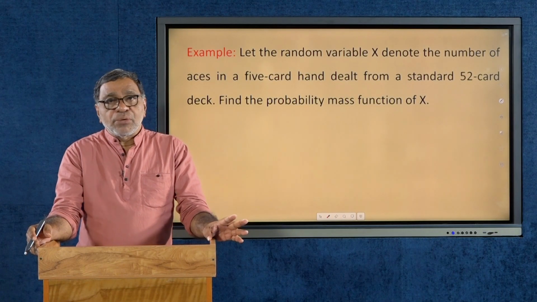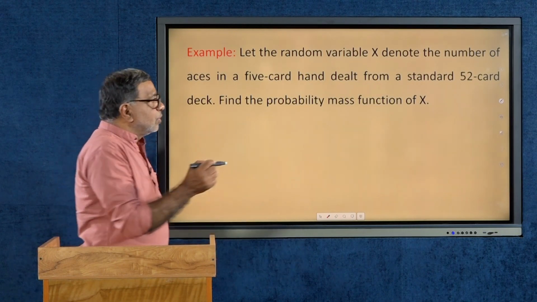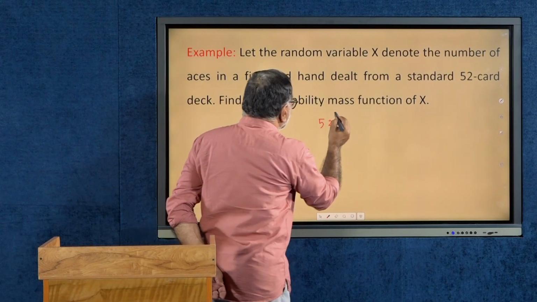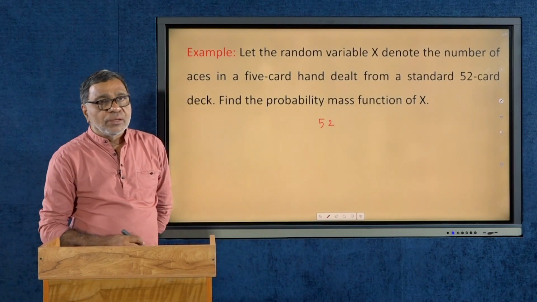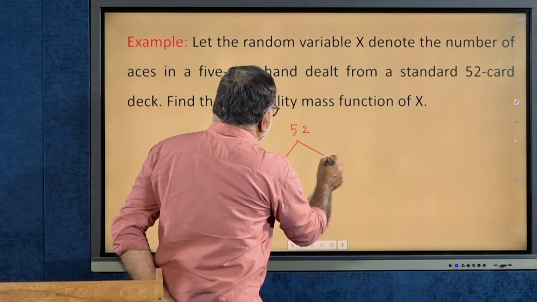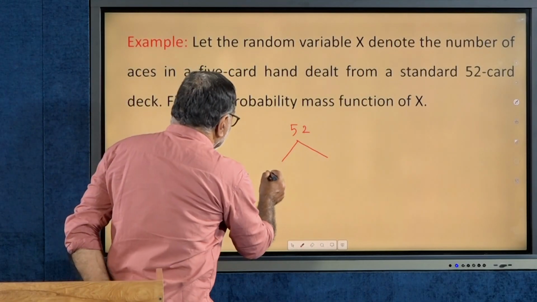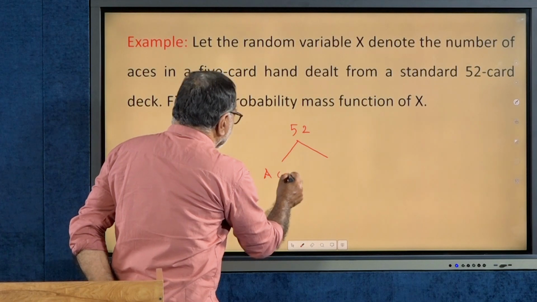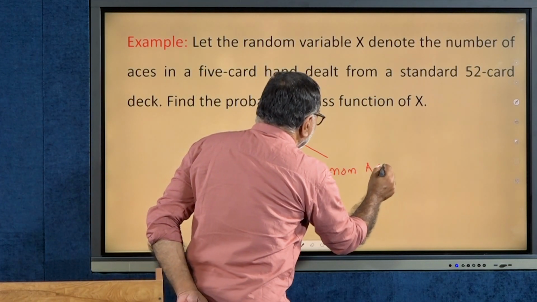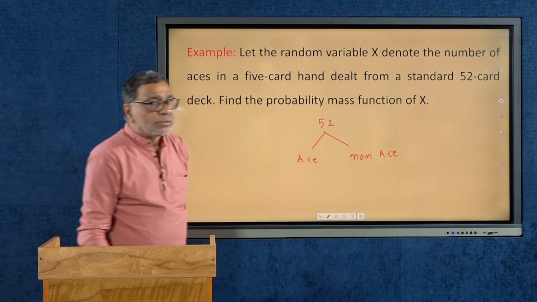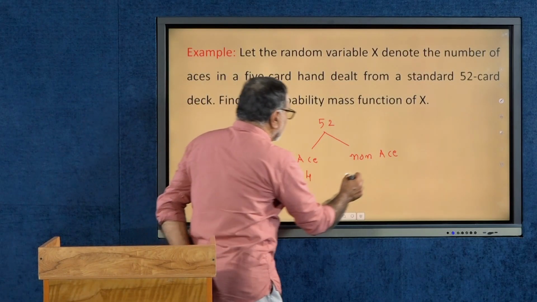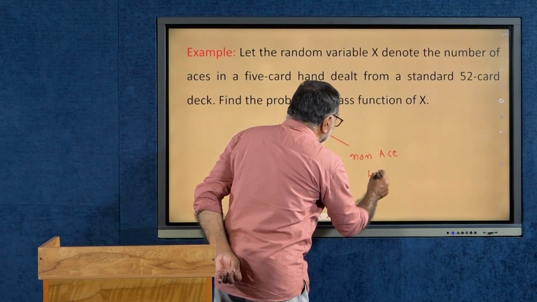Find the probability mass function of X. Here also we have a pack of playing cards consisting of a total of 52 cards, and these 52 cards are of 2 types. We are classifying them as ace and non-ace. How many ace cards are there? 4 cards. And how many non-ace cards are there? 48 cards.